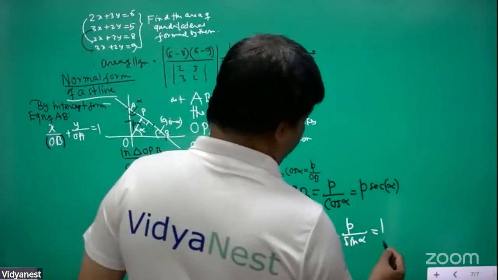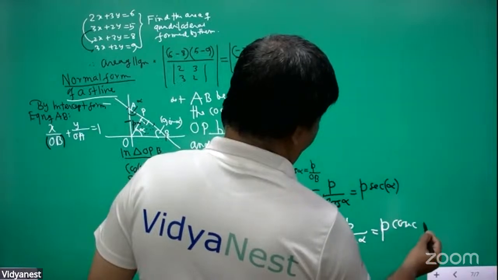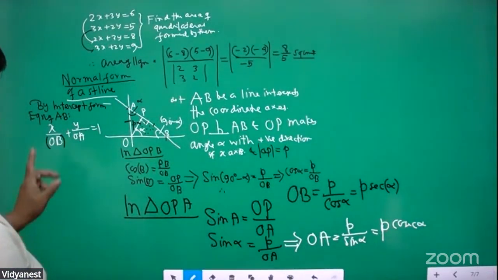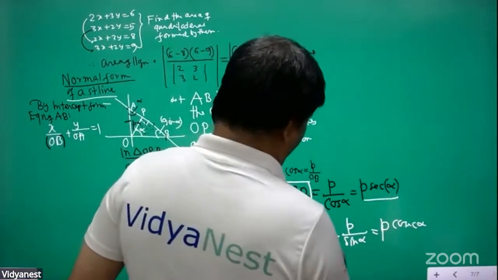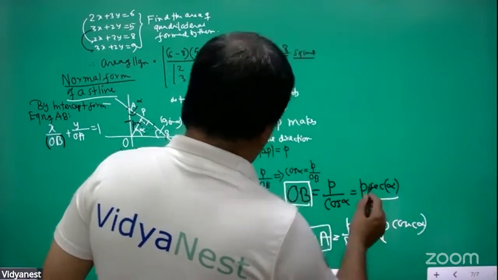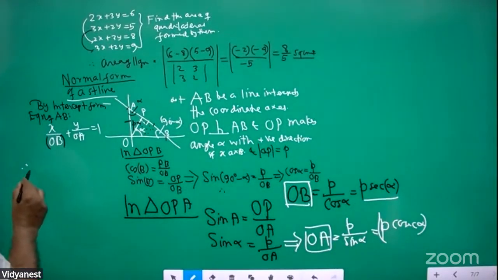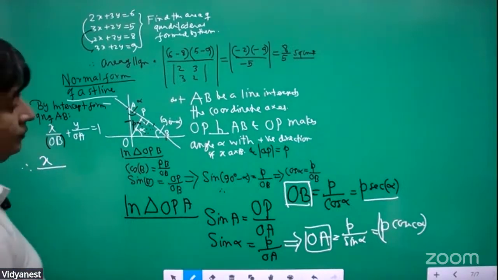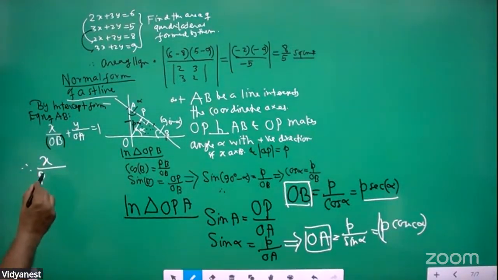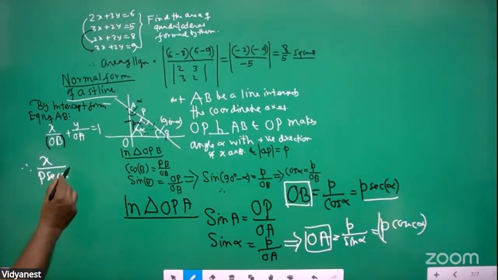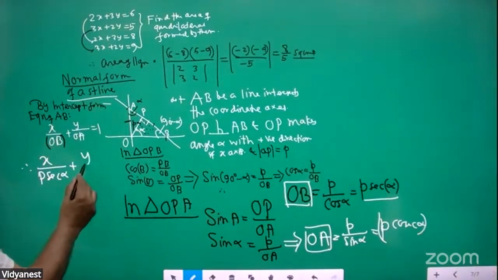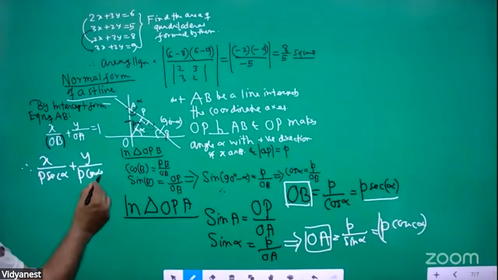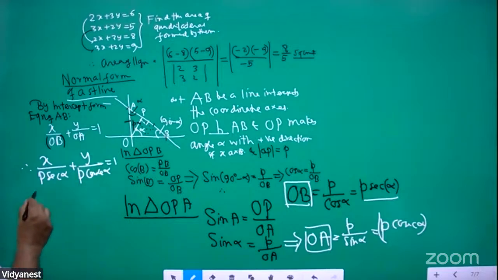That means p cosec alpha. So, that value of OB and OA will be plucked and put here. x by p sec alpha, y by p cosec alpha is equal to 1.